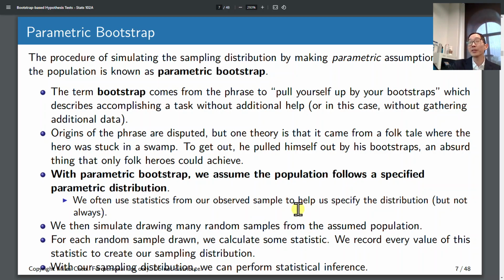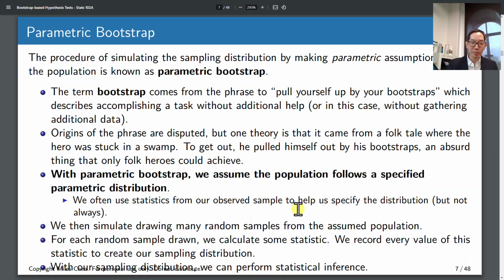But anyway, we call these methods bootstrap methods because we are not going to try to gather more data. We just have the data that we have, and without external help, we're going to try to answer questions about the population just based on the sample I have. The way we do that is we make assumptions.